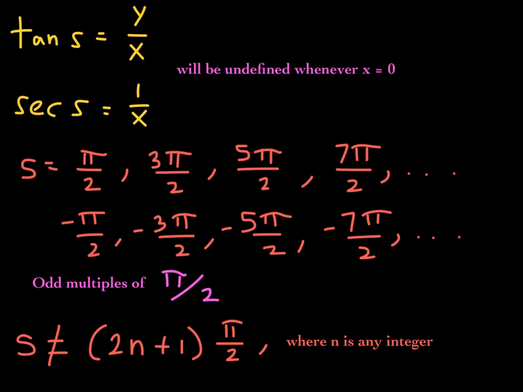If you let n be 2, 2 times 2 is 4, 4 plus 1 is 5, 5 times pi over 2 is 5 pi over 2. So this expression generates all of your odd multiples of pi over 2. So tangent and secant will be undefined for any odd multiple of pi over 2. Okay?